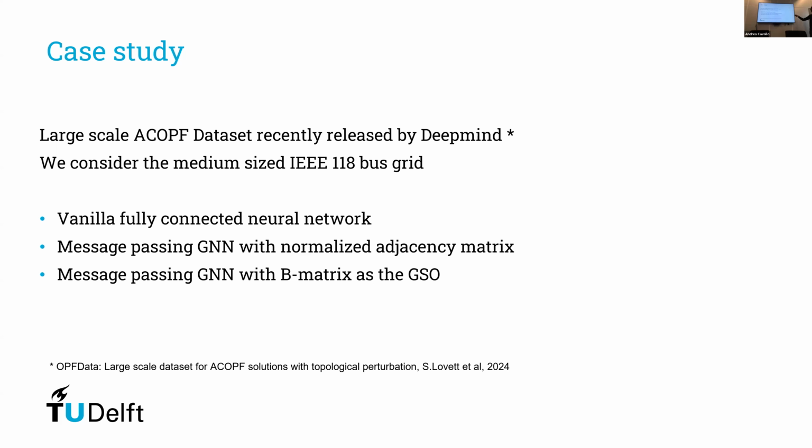We considered the message passing GNN with the normalized adjacency matrix, which is what is typically done, the adjacency matrix as the GSO in the message passing. And then we considered the message passing GNN with the B matrix, the susceptance matrix of the network, as the GSO.